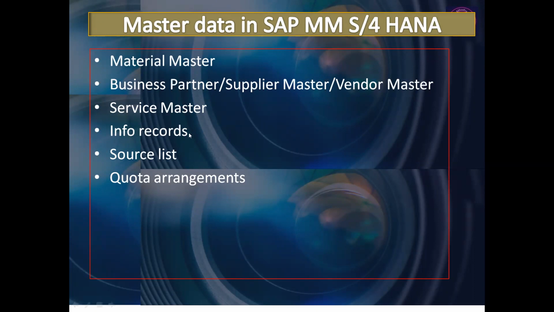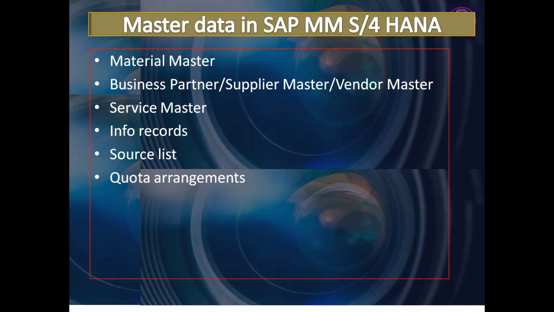Now, info record is where we maintain the information about a particular material from a particular supplier. The source list is a kind of supplier list where you will have multiple suppliers. Out of that, you select one or two suppliers to make your procurement. We'll discuss in detail. And then quota arrangement.